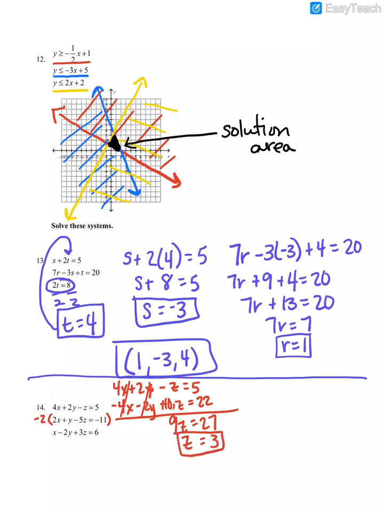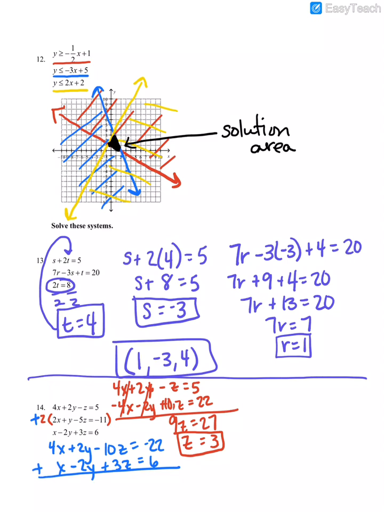I'm going to go ahead and do this again, and I'm going to do it with the bottom two. So this time I'm going to multiply it by a 2 and get rid of the y again, and then we'll use that z. So 4x plus 2y minus 10z is equal to negative 22, and x minus 2y plus 3z is equal to 6.